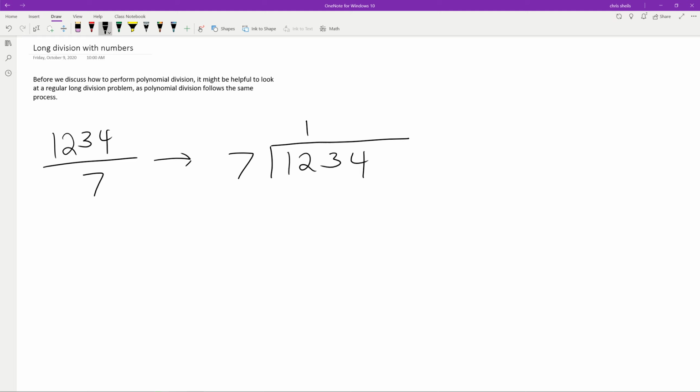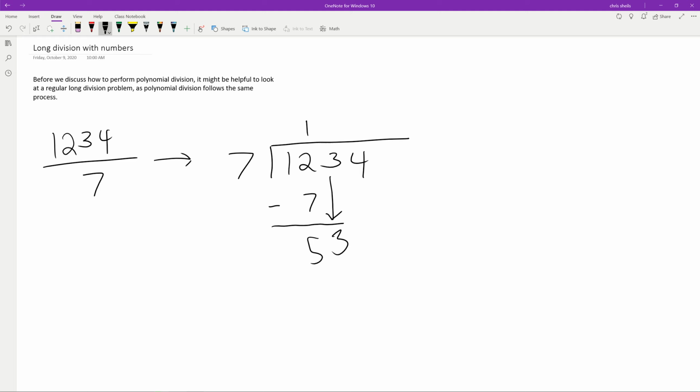7 goes into 12 one time. 1 times 7 is 7. So I'm multiplying here, right? This number times the thing I'm dividing by. Then I subtract. 12 minus 7 is 5. I bring this next number down.